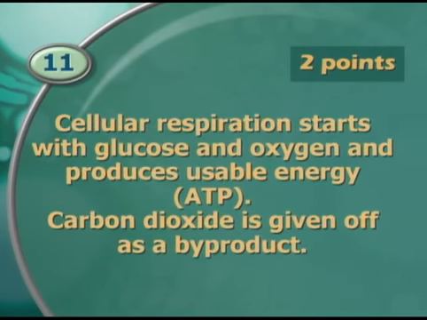Cellular respiration is starting with glucose. Okay, photosynthesis was making sugar. We were storing it in the chemical energy of sugar. Cellular respiration is starting with the product of photosynthesis. Starting with the glucose, starting with the oxygen, and then producing the usable energy of ATP. Carbon dioxide is given off as a byproduct.